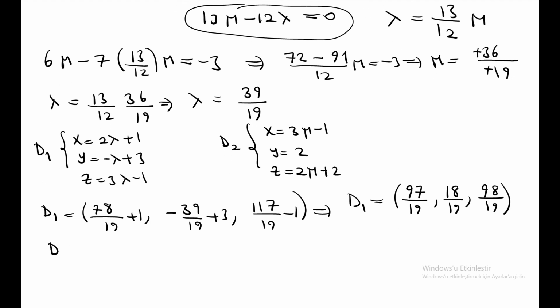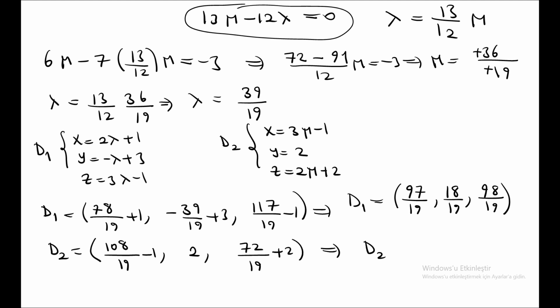D2: I am here now, 3 times mu minus 1, which is 108 over 19 minus 1. This one is 2. Then 2 times mu plus 2, so 2 times 72 over 19 plus 2.